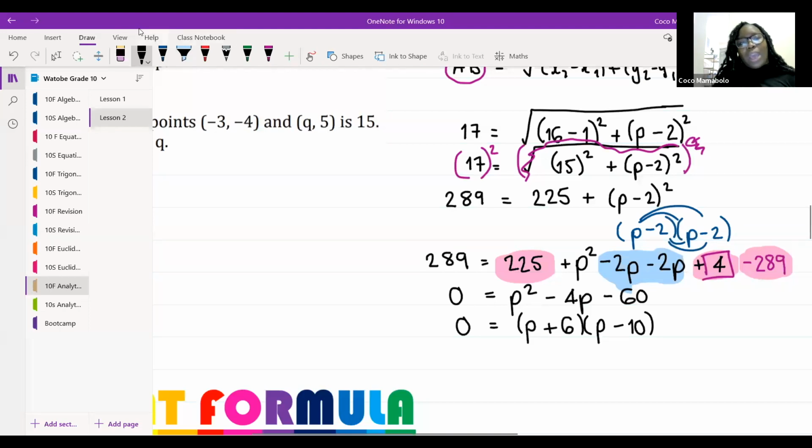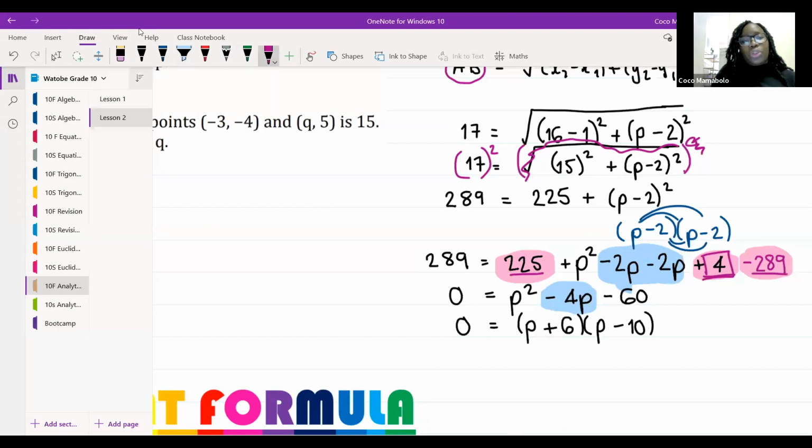Shaden says, where are you adding like terms? Here, Shaden, the negative 2p and the negative 2p are like terms. And negative 2p minus 2p is going to give us negative 4p. Okay. And then all the numbers are also like terms. Okay.